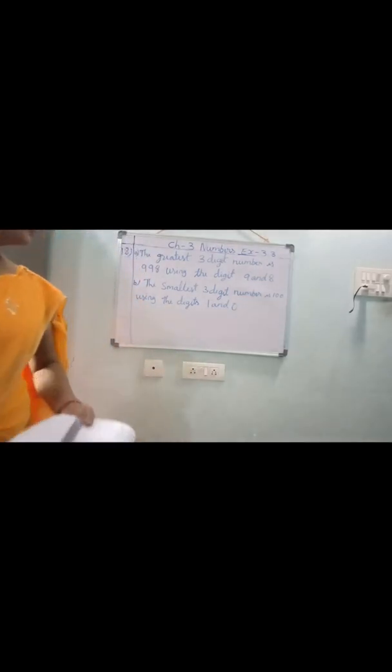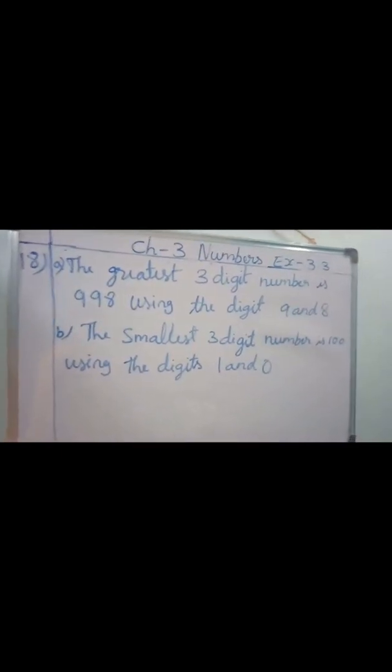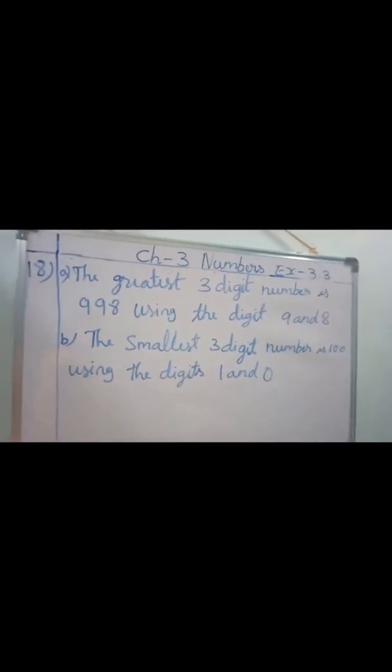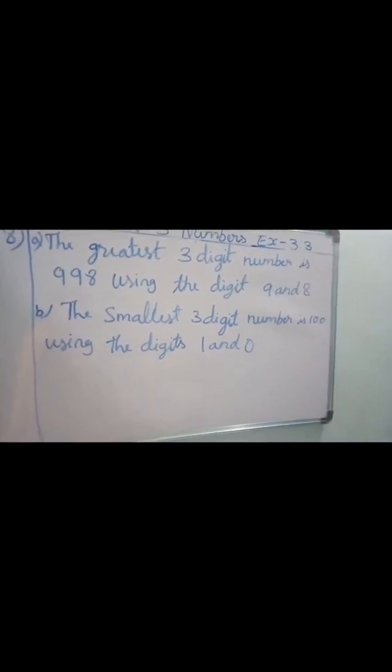Understood, children? Here the first one, the greatest 3-digit number is 998 using the digits 9 and 8. The smallest 3-digit number is 100 using the digits 1 and 0.